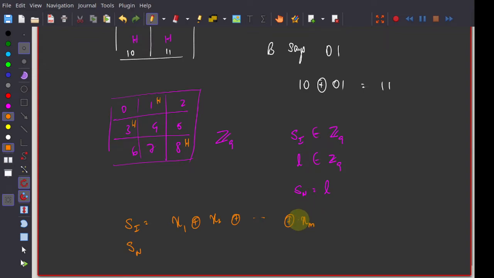You're not allowed to do anything more. Remember, ultimately, it still has to be a sum of distinct elements. So the question is, can you always do that?